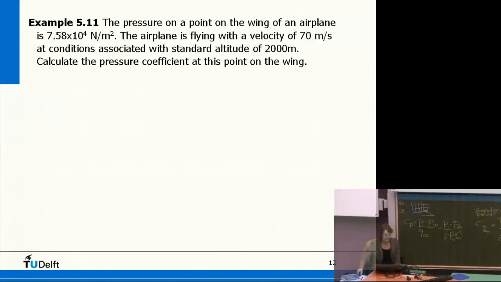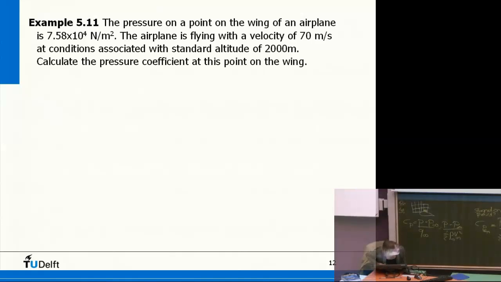Okay. Then an example, 5.11 from Anderson. The pressure at a point on the wing of an airplane is given as 7.58 times 10 to the power 4. The airplane is flying at a velocity of 70 meters per second at conditions associated with a standard altitude of 2,000 meters.